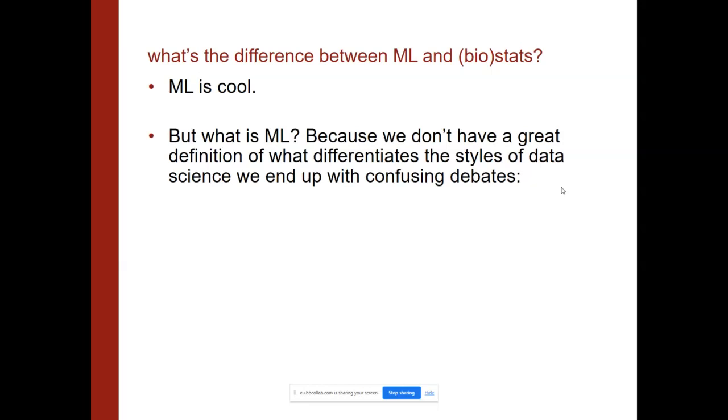Because we don't have that tight definition, we end up in these weird, confusing debates. People will ask, is lasso a statistics method or a machine learning method? I can see it a couple of different ways. It's got some new innovative processes to it, but maybe it was built largely by statisticians. How do we go about adjudicating it?